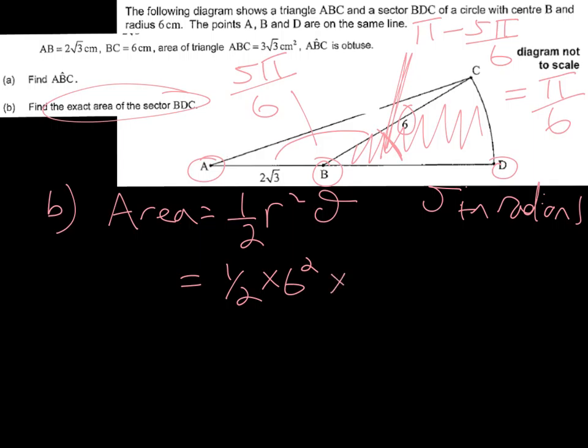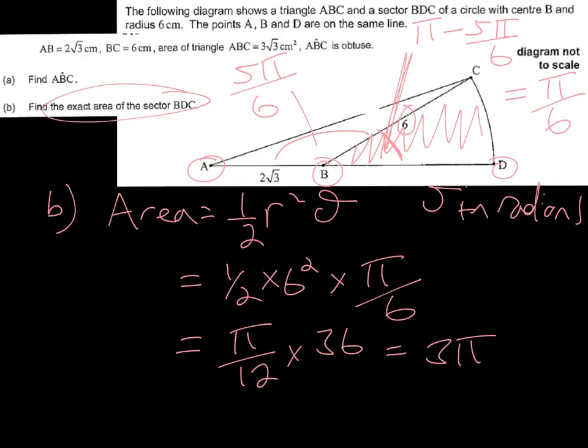So we're going to multiply through by pi by 6, and if we multiply it out, half times pi by 6 is going to be pi over 12 times 6 squared, which is 36, which will give us 3 pi. But remember this is an area, so that's going to be 3 pi, and we are looking at centimetres squared.